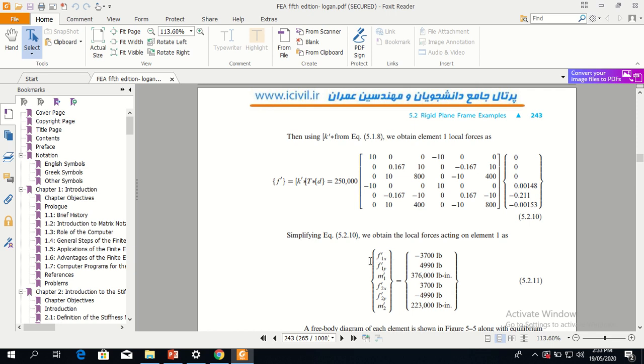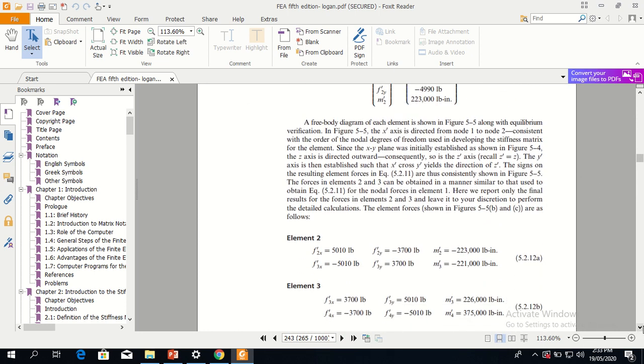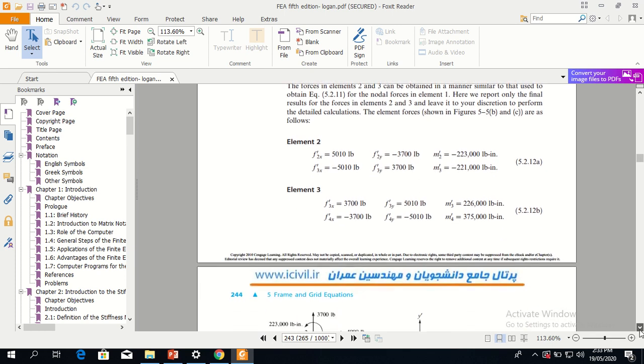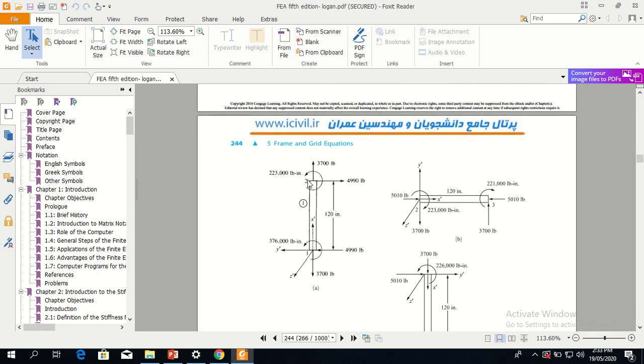Element 1 has two nodes, 1 and 2. So these are the nodal forces. Then similarly we can find nodal forces at element 2 and element 3. And next, in this diagram, this is a free body diagram and all the nodal forces are shown here.